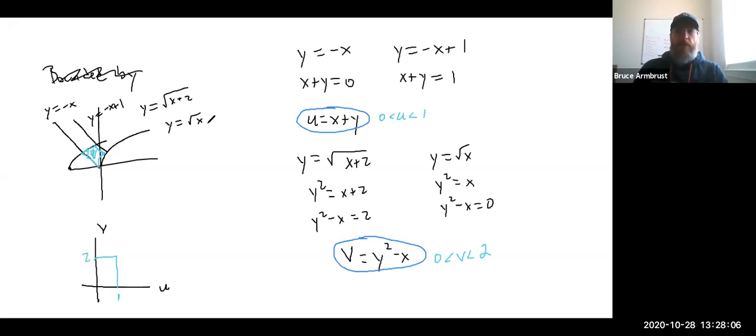So what I just did was I took this region that was some funky weird shape and I turned it into a rectangle. Just a rectangle in u and v. So I don't know if that helps answer that question.